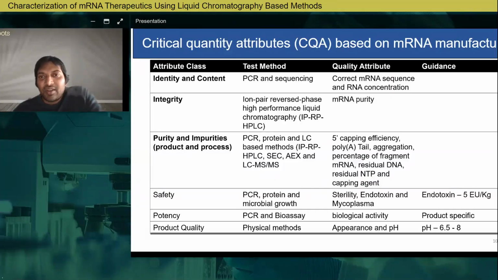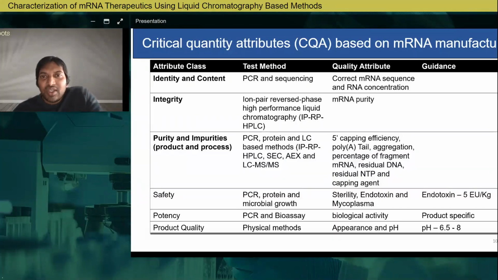The different regions of this mRNA molecule play a very important role in translation, so we need to understand purity from that point of view. Even if you have the whole sequence of mRNA, that doesn't mean you have your 5' cap or poly A in the right way. So these are also critically important to understand.